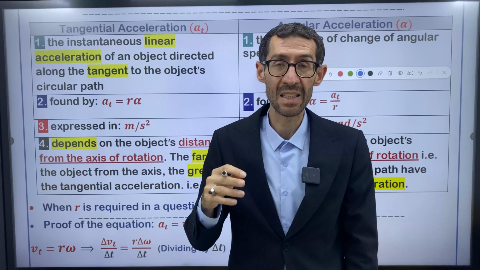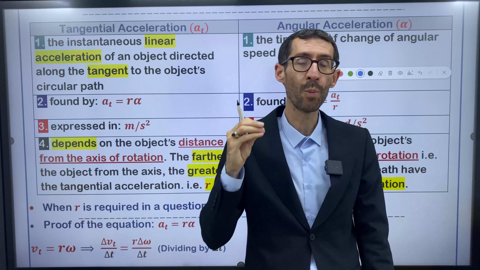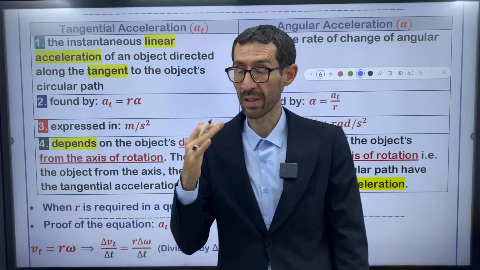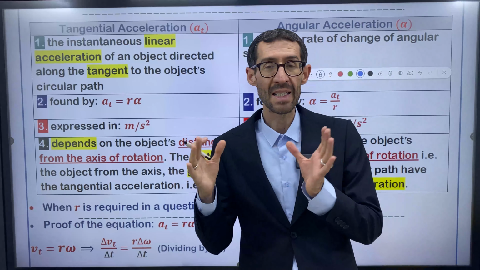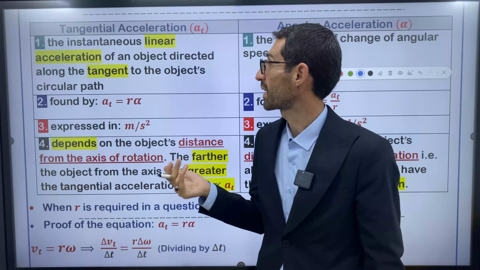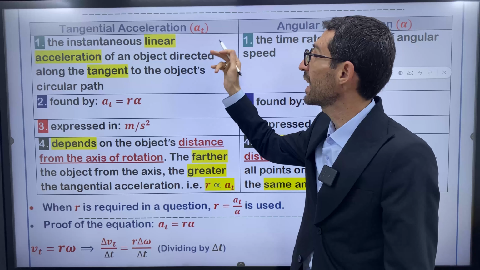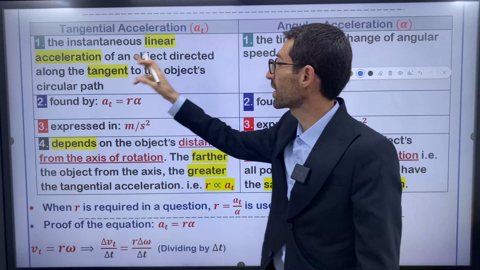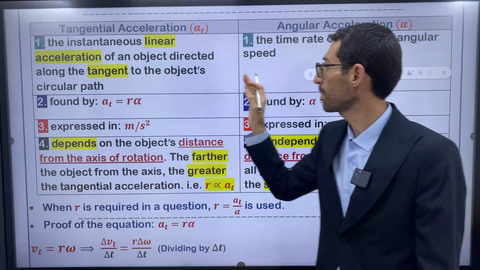That's why instantaneous quantities are more accurate than average quantities. This is the difference between instantaneous and average quantities. So, instantaneous linear acceleration of an object directed along the tangent to the object's circular path.